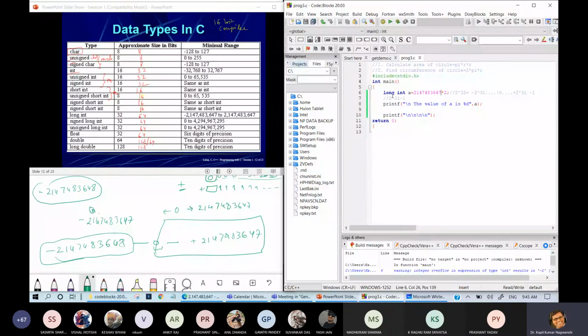So long integer is also 16 bytes here, but why is it not working? Okay, this is the reason. LD. Now it will run perfectly. Not running. So it may be a problem of the compiler, but the answer is correct. The answer must come in terms of 2 to the power 32 minus 1.